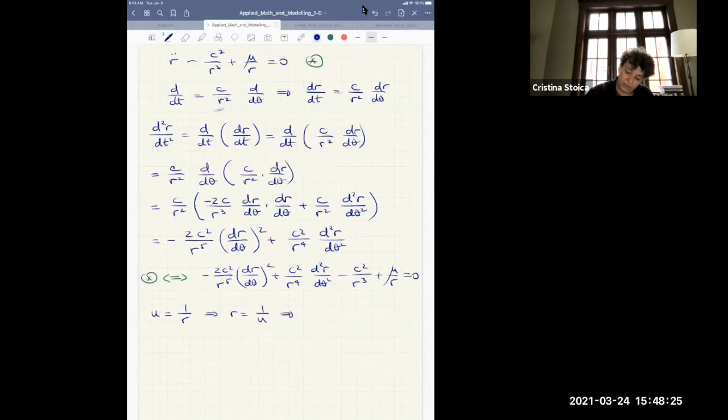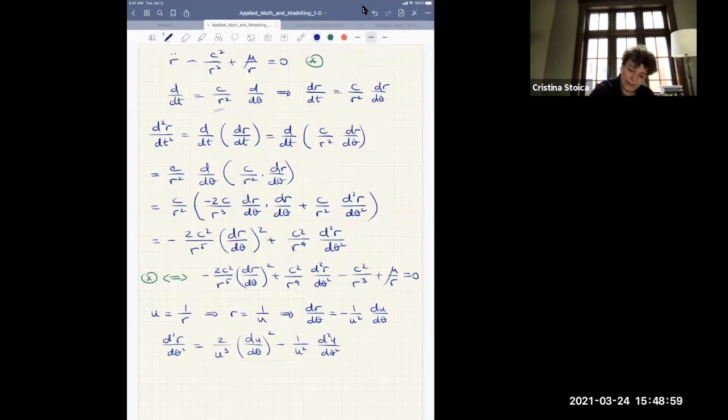So if we do dr d theta, it is minus 1 over u squared du d theta. And then d²r d theta² is 2 over u cubed, du d theta squared, and then minus 1 over u squared d²u d theta².